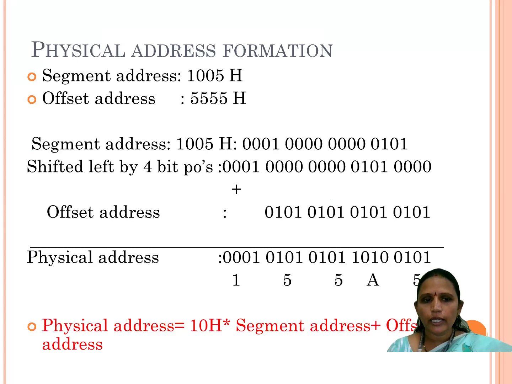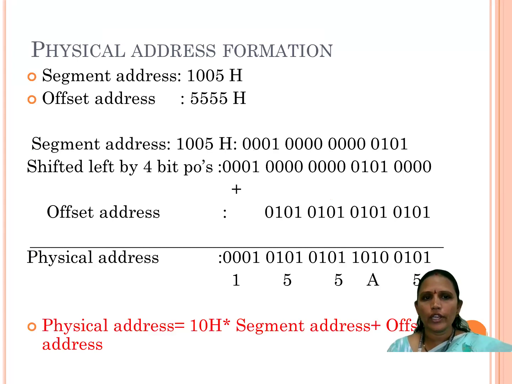Then what do we get? The physical address equals 0001, 0101, 0101, 1010, and 0101. That is 155, and 1010 is represented as A, and again 0101 equals 5. So the physical address equals 155A5.